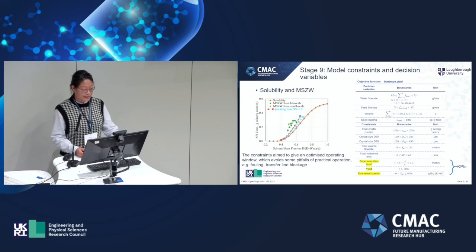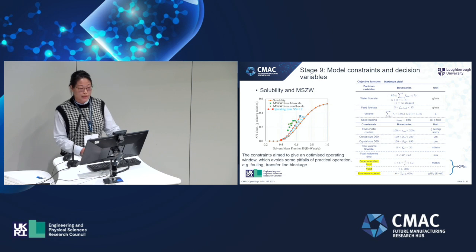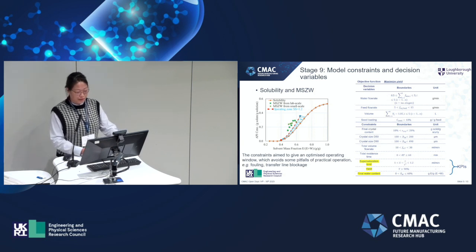These constraints are designed to optimize the operating window to avoid issues such as inline line transfer problems caused by too high solid content, and agglomeration-related issues caused by higher supersaturation. These are all real equipment capabilities and operation boundaries.